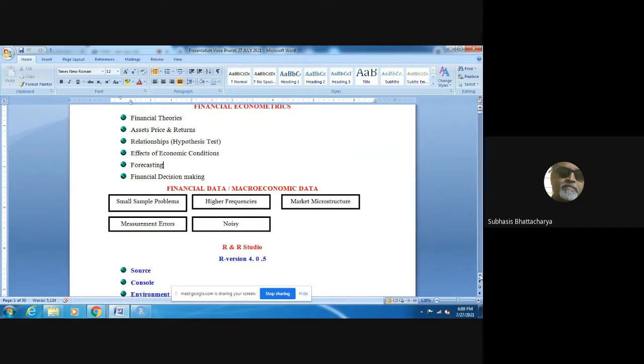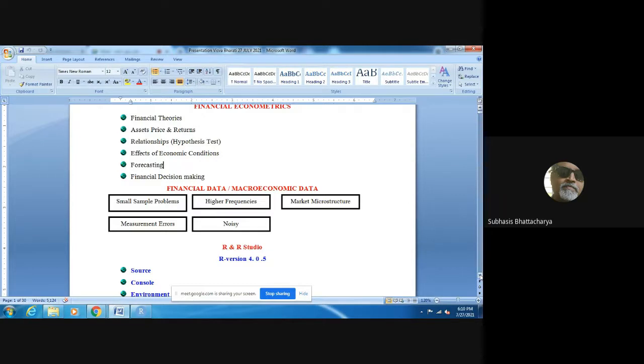Financial data differ from macroeconomic data in terms of three basic things: frequency, accuracy, and seasonality. In economics, those of us dealing with data face a serious problem: lack of data for testing theory.